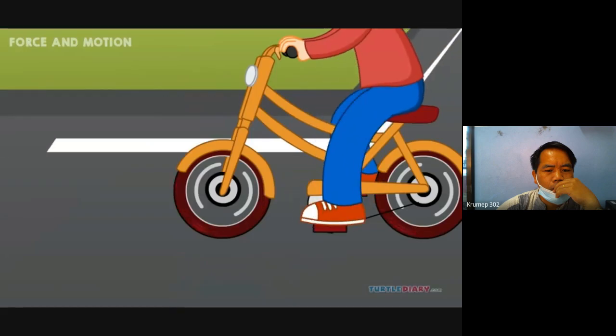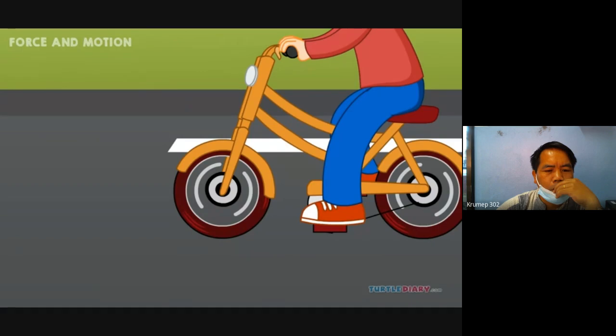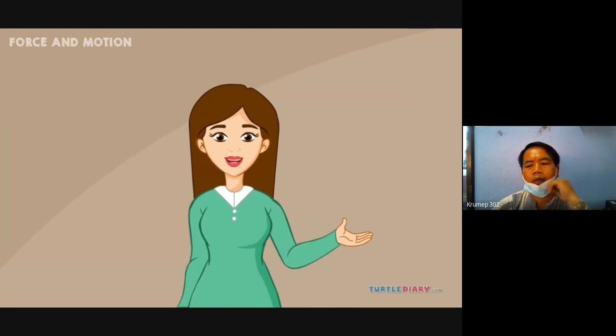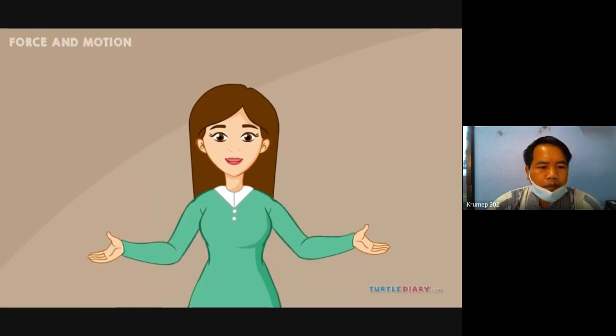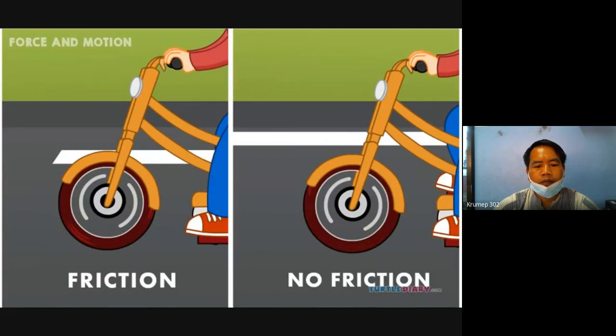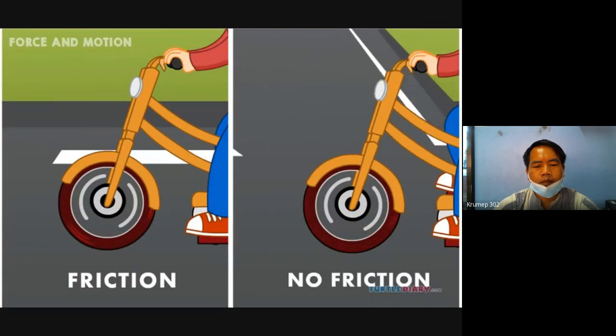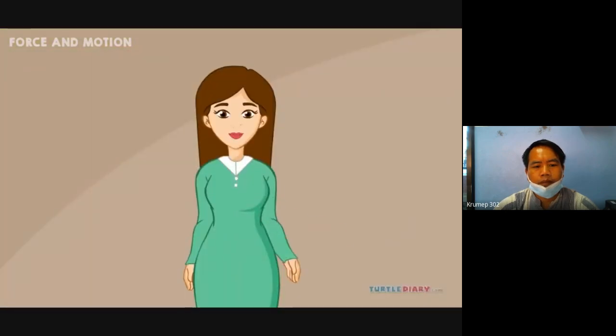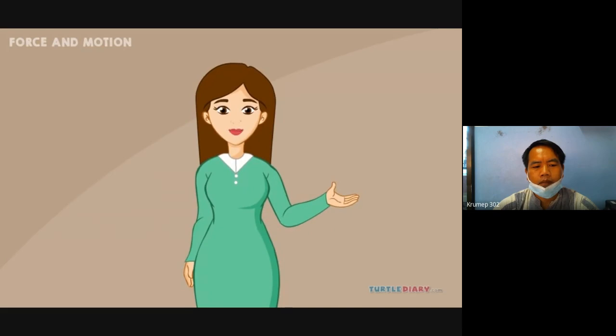It means the wheels are rubbing against the road, and that rubbing will eventually slow them down to a stop. But if there were no friction and no other force stopping it, your bike would just keep rolling on forever. Now let's summarize what we have learned.